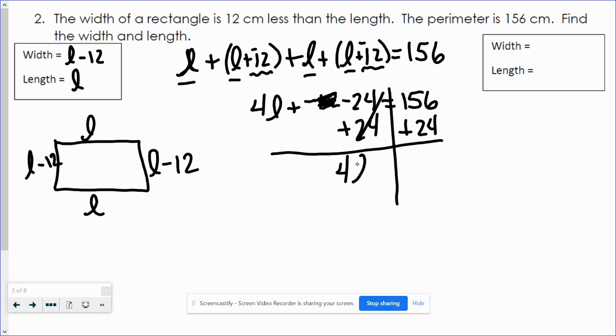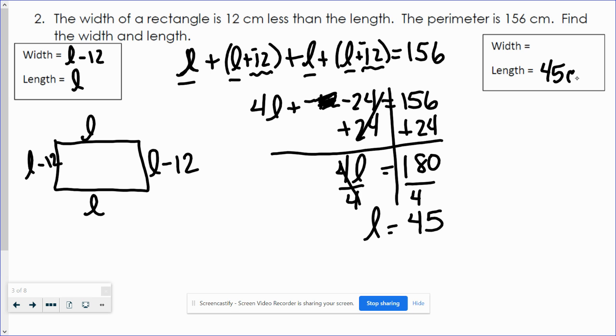So 4L equals 180. And then when we divide by 4, the L would be 45. So that's what the length is. That's 45 centimeters.